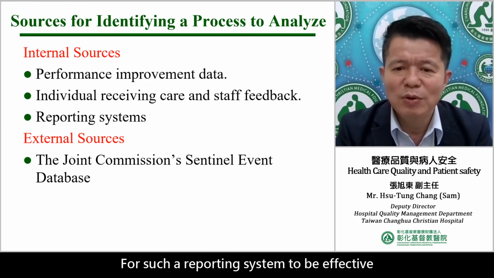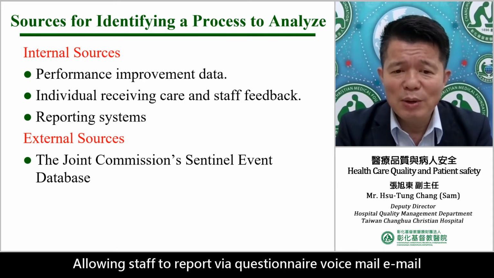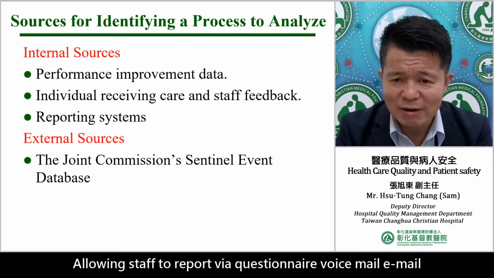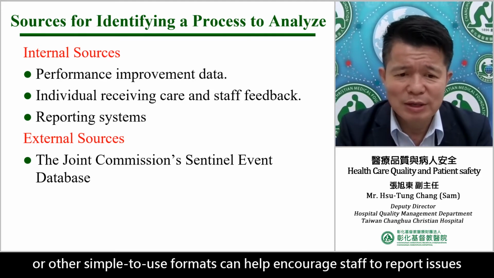For such a reporting system to be effective, staff must feel comfortable reporting and it must be easy to do. Allowing staff to report via questionnaire, voicemail, email, or other simple-to-use format can help encourage staff to report issues.